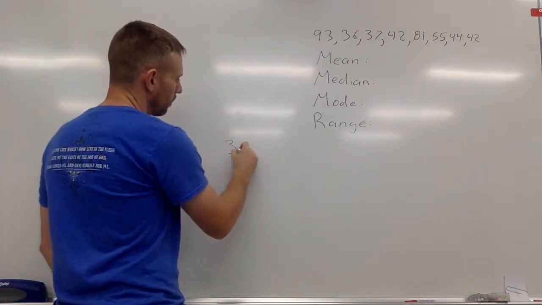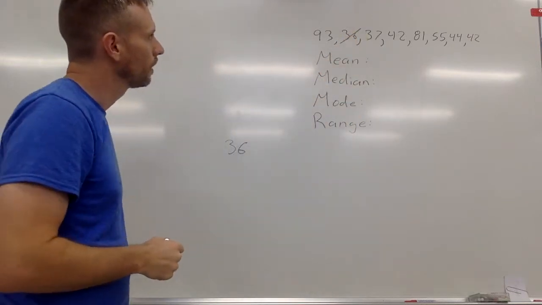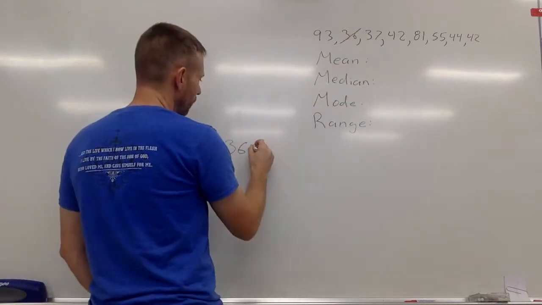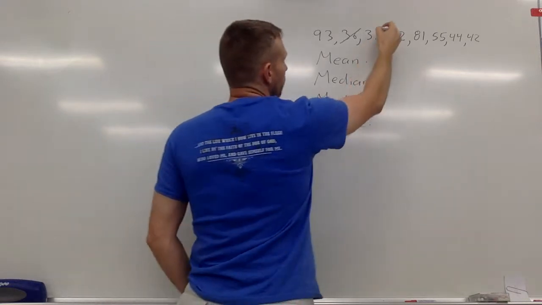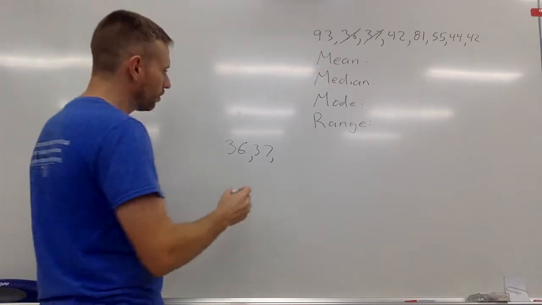So 36 looks like the smallest value, and then next looks like 37. Okay, and then next is 42, but there's 2 of those.